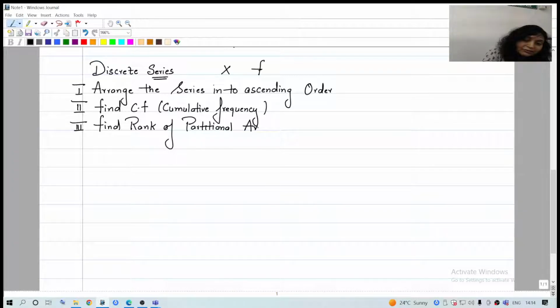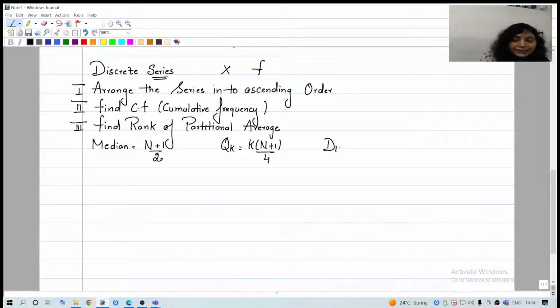In case of discrete series, again you have to follow the same pattern as we have done in individual series. If we are computing the rank of median, then our formula is (n+1)/2. If we are finding the rank of quartile, then again k(n+1)/4.